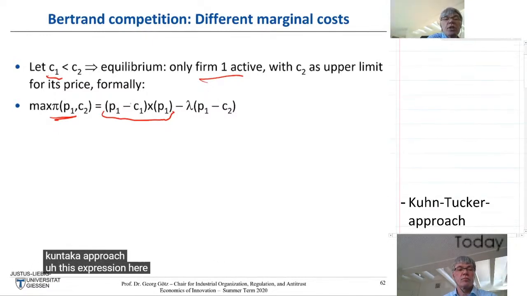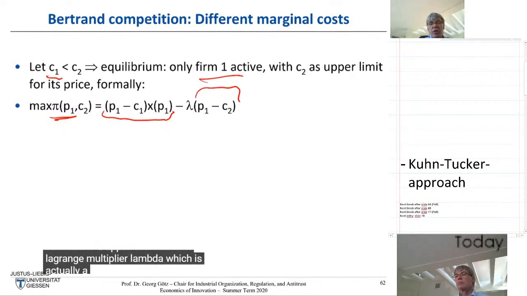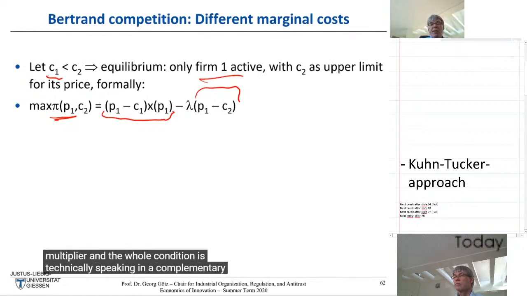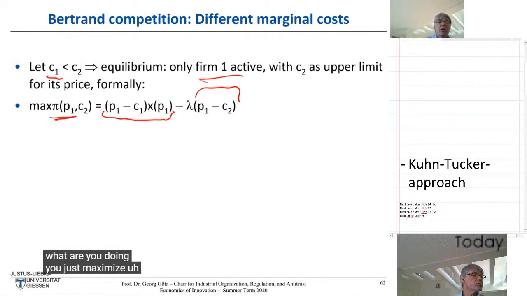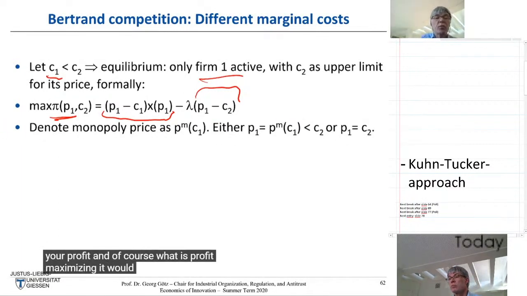The expression P1 minus C2 is appended with the multiplier lambda, which is actually a Kuhn-Tucker multiplier, and the whole condition is, technically speaking, a complementary slackness condition. This problem is actually straightforward to solve. What are you doing? You just maximize your profit. And of course, what is profit maximizing? It would be the monopoly price.